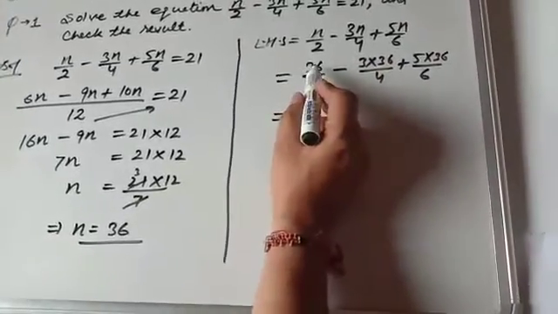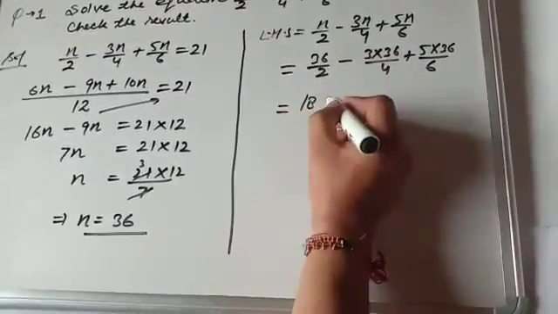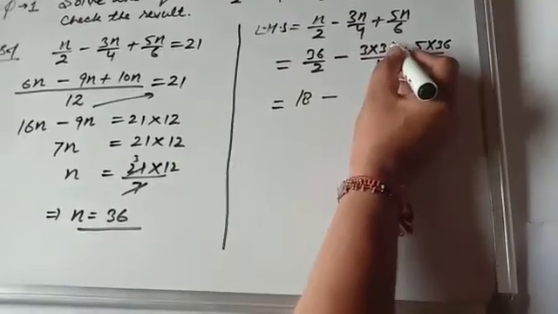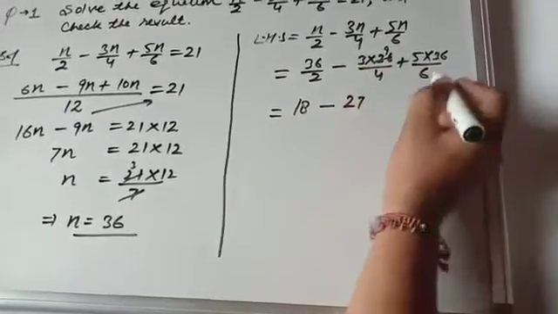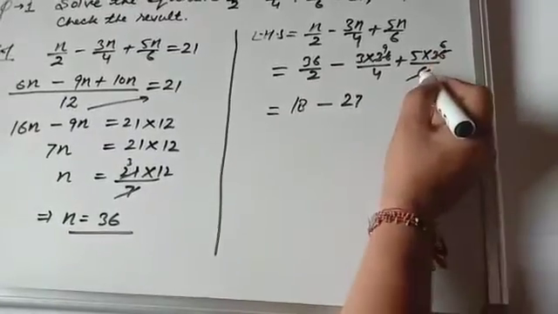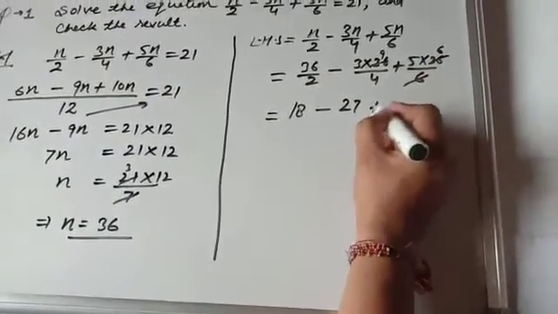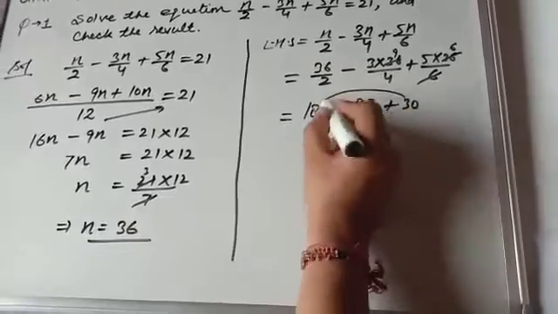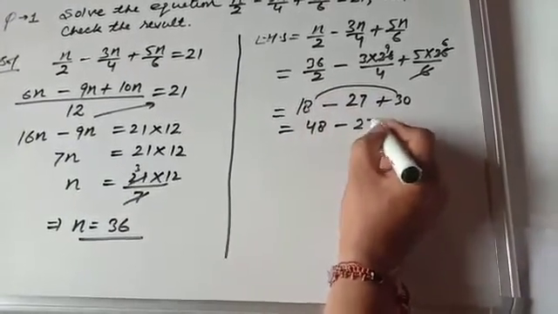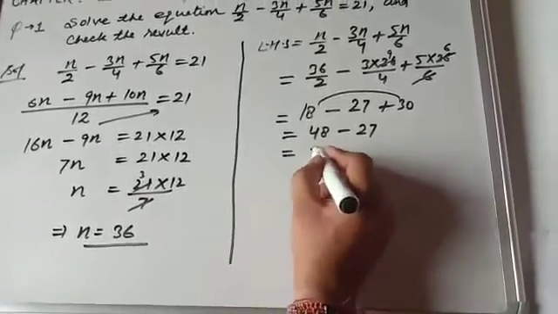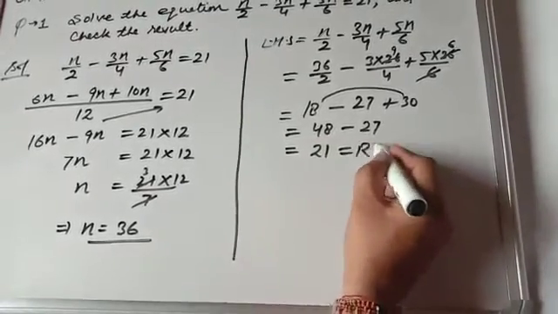We divide 36 by 2, that is 18, minus 4 nines are 36 and 9 threes are 27, plus 6 sixes are 36 and 6 fives are 30. Now we add these two, 30 plus 18, 48 minus 27, that is equal to 21, equal to the right hand side.